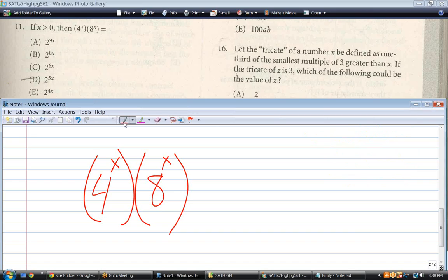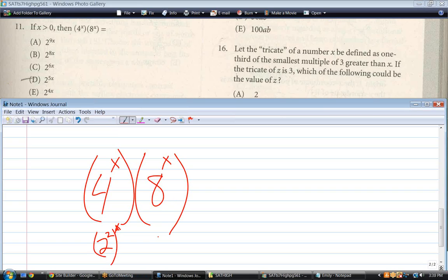Well, 2 to the 2x is 4. The secret is to find the common exponential base and write these numbers in that base. In other words, I'm going to write 4 as 2 squared in parentheses, and then I'm going to take it to the x power.